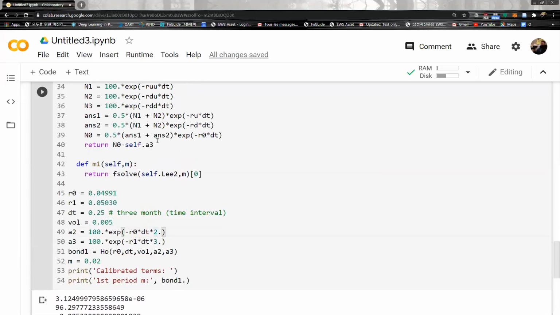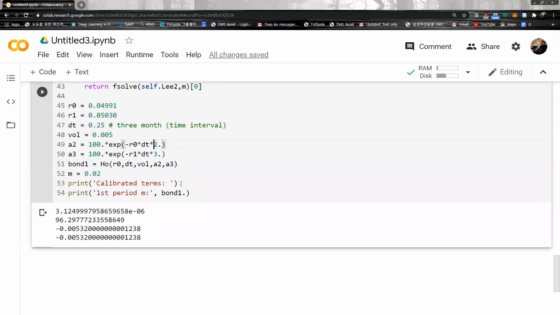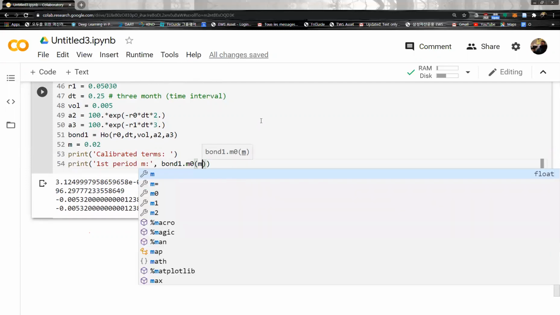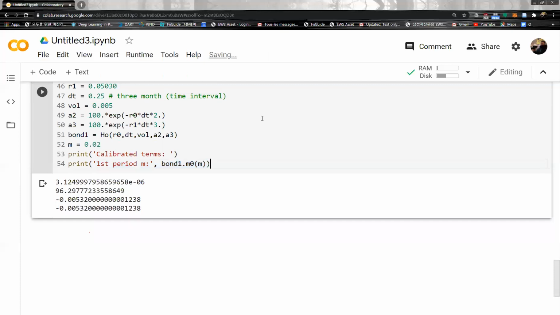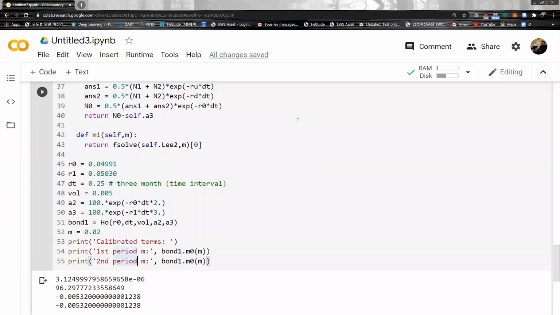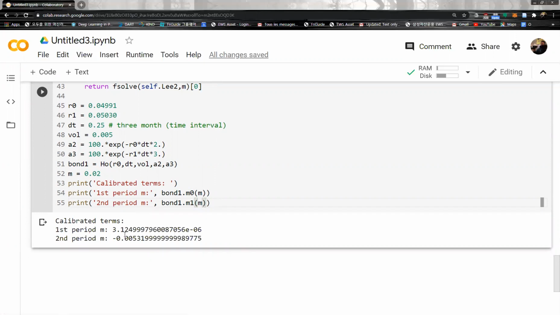I forgot the name, bond 1, and then M0. Okay. Bond 1 and M0, and then M, initial value, and then print second period M, which is M1, and then execute it. So, right, we have first period M and second period M. So now we can successfully calibrate the interest rate.